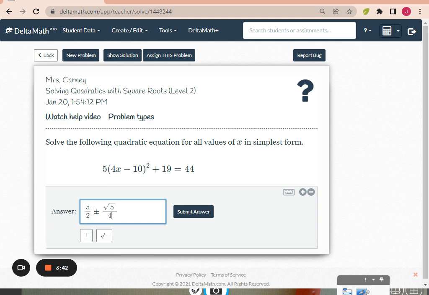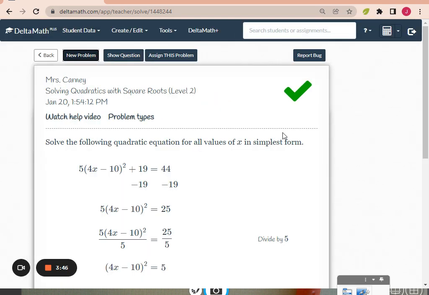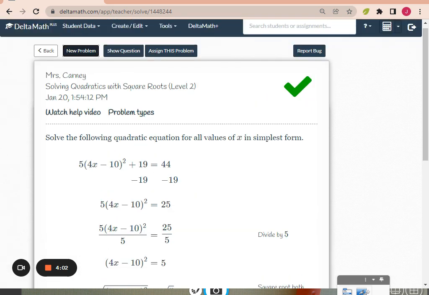Because this would have been 10/4, which reduces. It will accept that answer too if you break it up. Okay? But you need to use parentheses. If you're putting all of this on top, use parentheses, and then this would go on the bottom. Or 10 over 4 is 5/2 plus or minus, this is left over. Okay? So I want to make sure I showed you how to put that in.